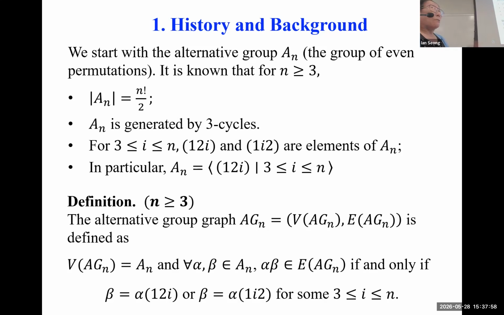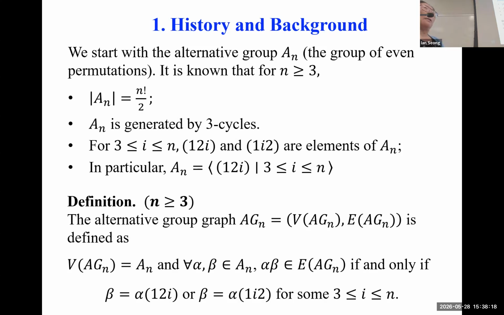So now we define our alternating group graph AG_n. The vertices of this graph are the members of the alternating group A sub n, so we take all the even permutations as the vertices.